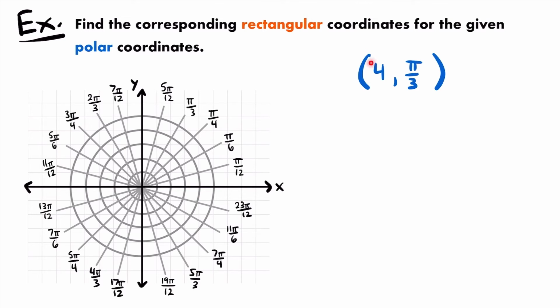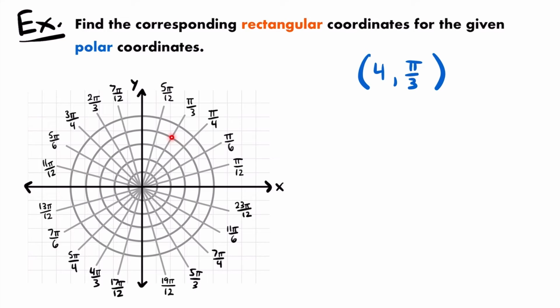So let's graph our polar coordinates here. We have 4 comma pi divided by 3, and pi divided by 3 is our angle. If we start at our polar axis, since our angle is positive, we're going to measure in the counterclockwise direction. That will take us to this angle right here, where theta equals pi divided by 3. Then our radius is 4, so we count 4 circles from the origin: 1, 2, 3, 4.